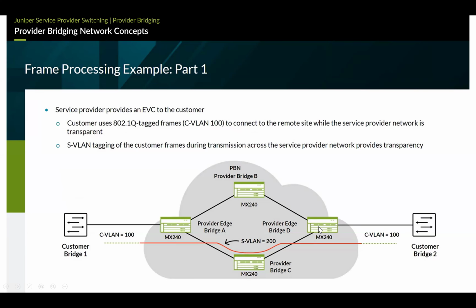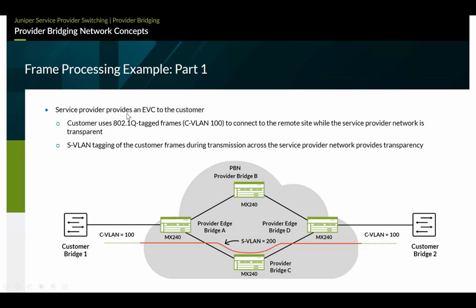That is translated again to 100 VLAN. So here, just taking inner VLAN 100, swap them to 200 and again swap to 100.